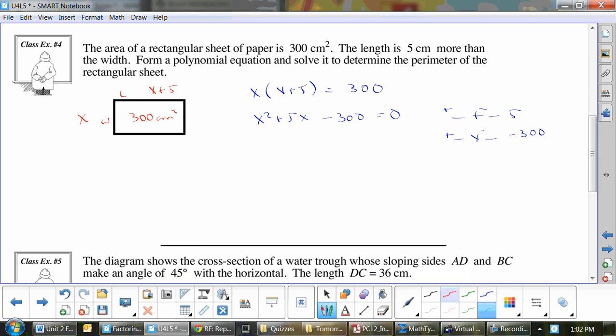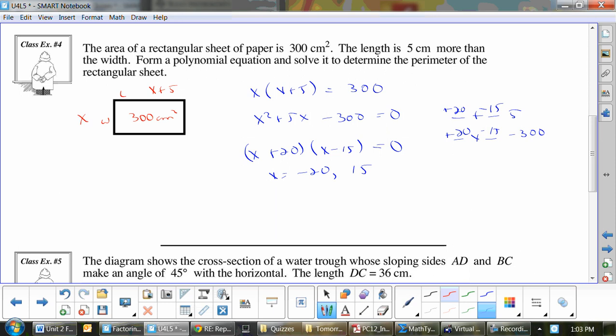Okay, what are they? 20 and negative 15, right? So that would be x plus 20, x minus 15 equals 0. Therefore, x equals negative 20 and 15. So we got two answers.